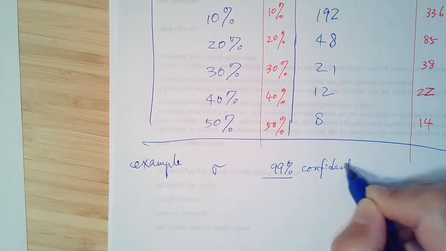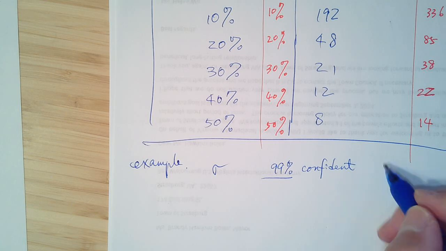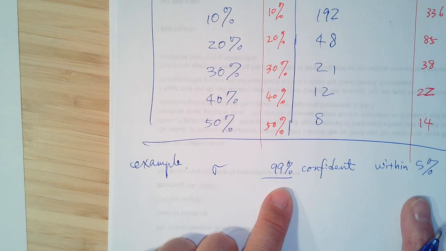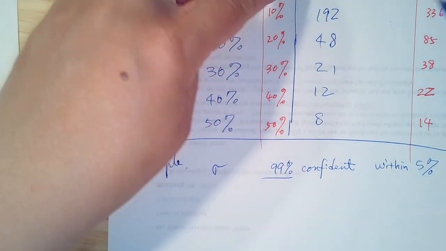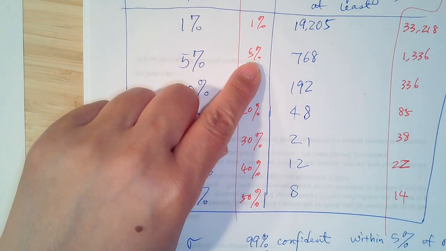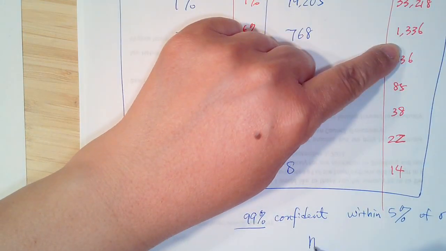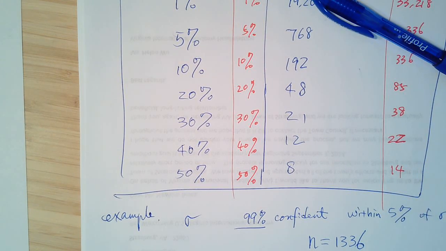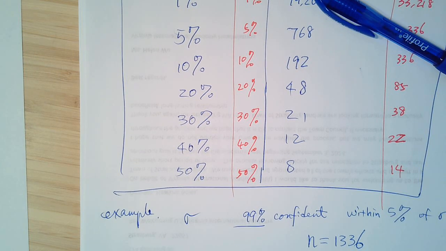You want to be 99% confident that our estimate is within 5% of the true value of sigma. How large should the sample size be? 99%, we're going to use the red number, right? And then 5%. So the answer is 1336. There you go. I think that would be the easiest answer, isn't it? Okay, so we should obtain a simple random sample of 1,336 pulse rates of adult women.